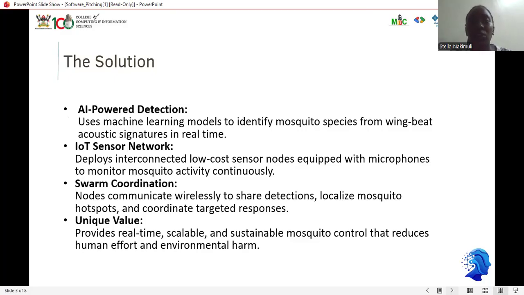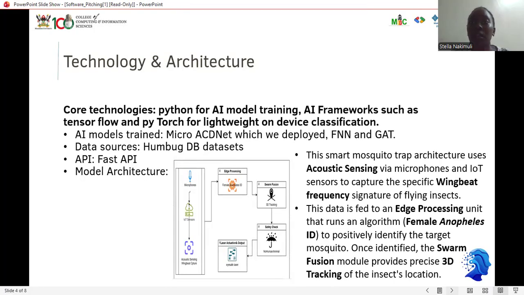If we look at the unique value of this tool we have put in place, it will be able to provide real-time detection, it will be scalable, sustainable, and safe for the environment. Here below I've presented the technology and the architecture we used.